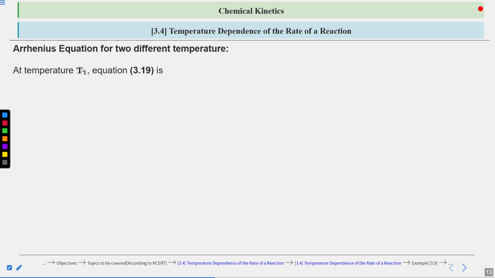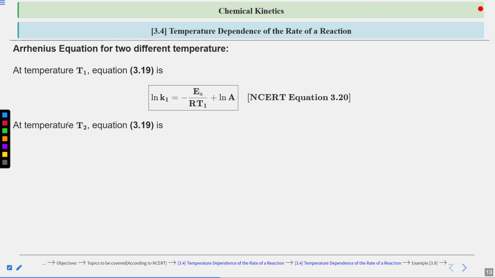So at temperature T1, equation 3.19 is ln K1 = minus Ea by RT1 plus ln A. At temperature T1, we have ln k as ln K1, Ea by RT as Ea by RT1. Rest is the same, right? This equation is NCERT equation 3.20.